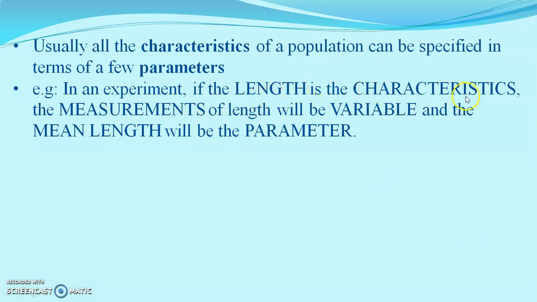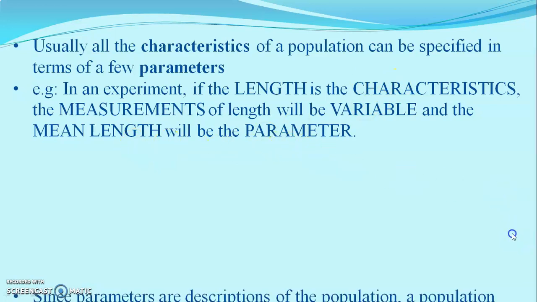The length is the characteristic of different individuals in an experiment. The characteristic is the length and the measurement of those lengths will be variable and we will get a mean length of all individuals in that experiment. So mean length will be the parameter.